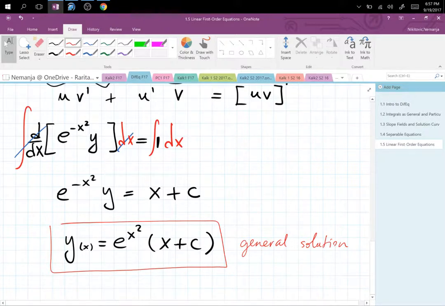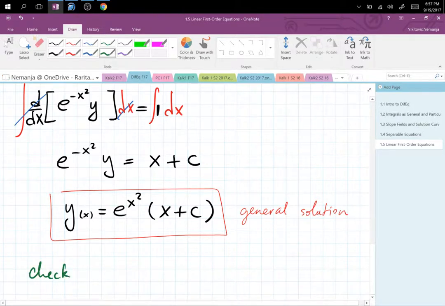Now, if you don't believe me, all you need to do is to take the derivative of that solution and plug it into the original differential equation. See that everything cancels out. Should we do that once? Yeah, let's do it once. In green, check.